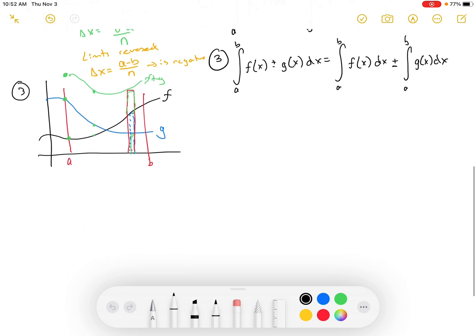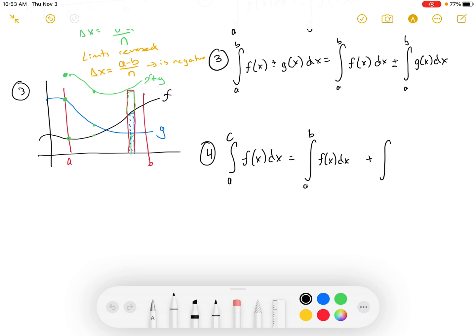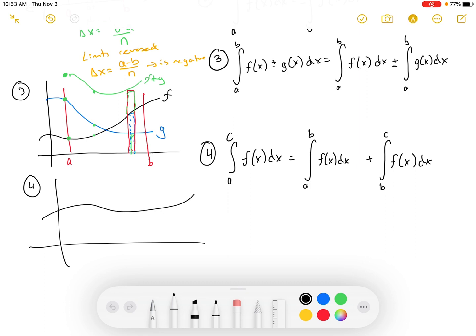Rule number 4 is saying that if I'm going from a to c of some f of x dx, that's going to be equal to the sum of two different integrals. The first one goes to some intermediate point b, and the second one goes from b to c. Again, the illustration is fairly intuitive. I have some random curve up here.